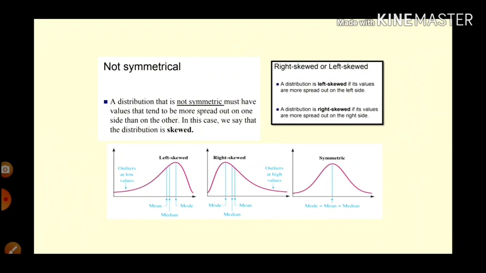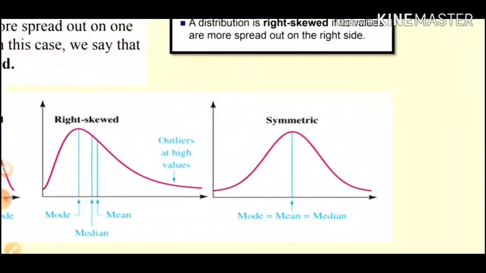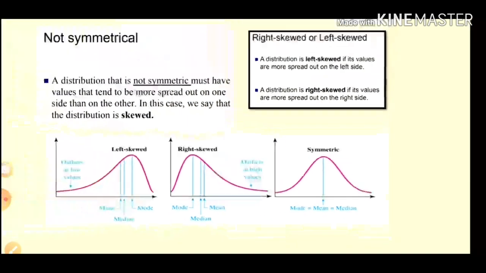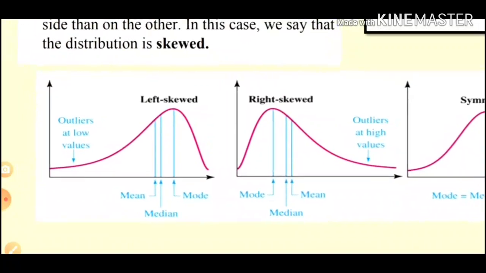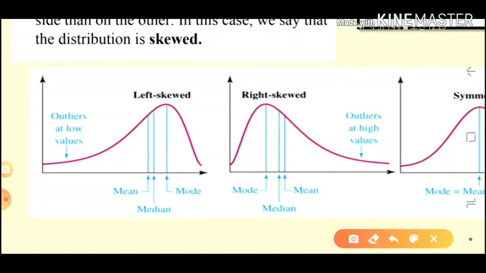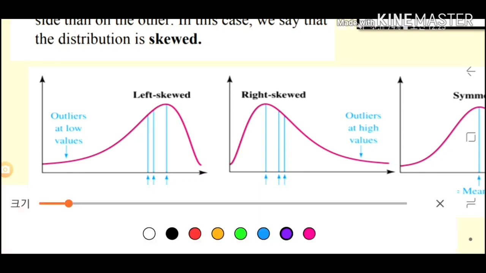Let's have a look. This is symmetrical. It's fairly evened out on the left and the right hand side. Whereas left skewed, have a look at this. Where do I have the tail? Let's use another color, green.